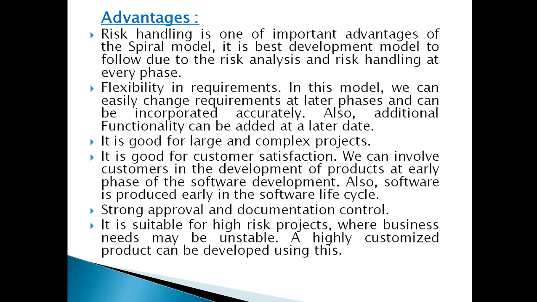The spiral model may accept it, but the waterfall model does not. The waterfall is a sequential model: after ending one phase, the next phase begins. Unless the previous phase ends, the next phase will not begin, right? But in the spiral model, whenever the user needs, the requirements may be added or deleted.